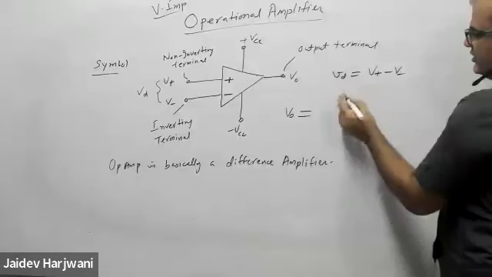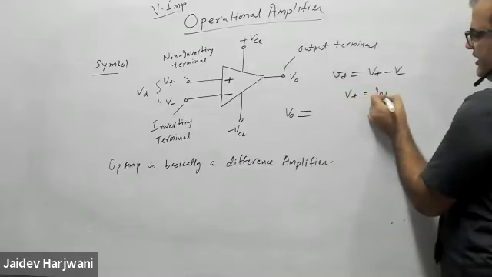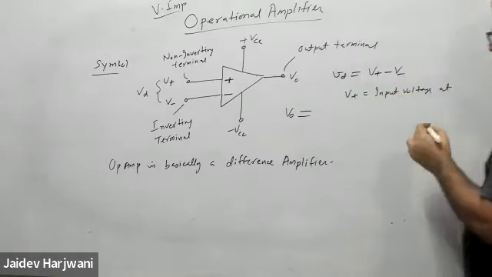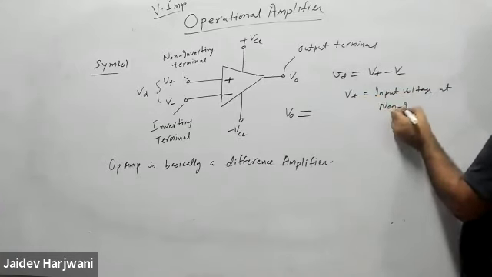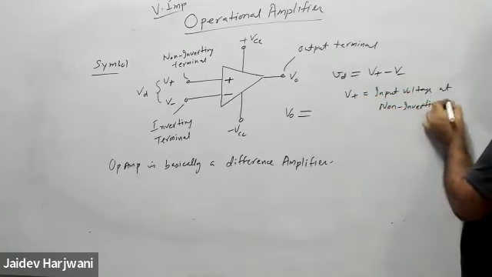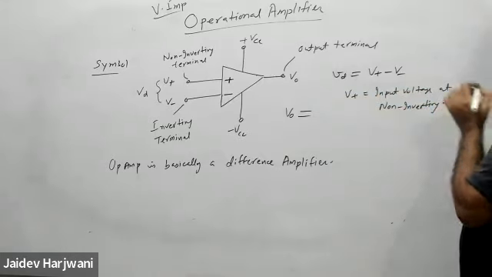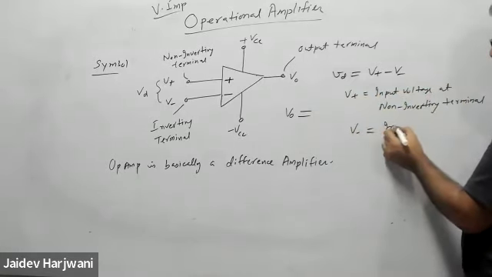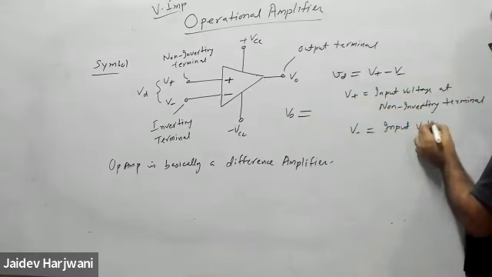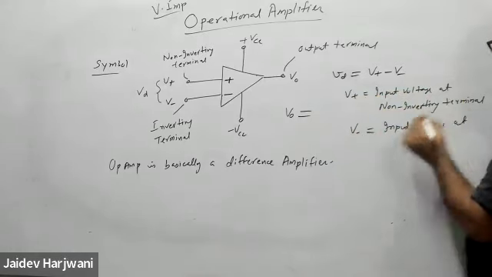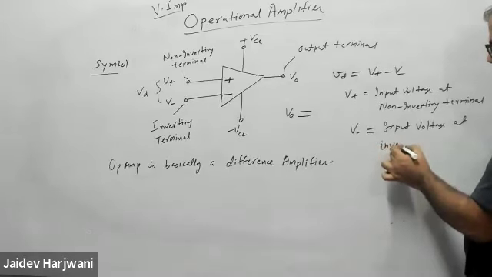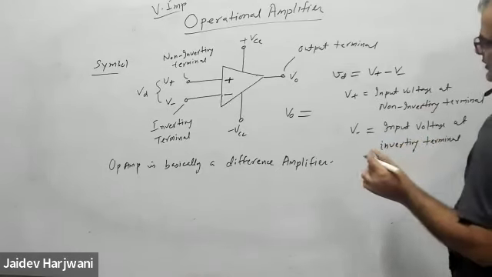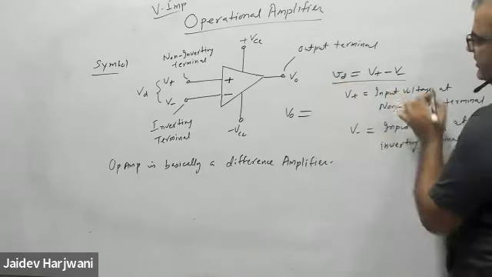V plus is the input voltage at the non-inverting terminal. And V minus is the input voltage at the inverting terminal. And the difference of these is given by VD, and output V naught.